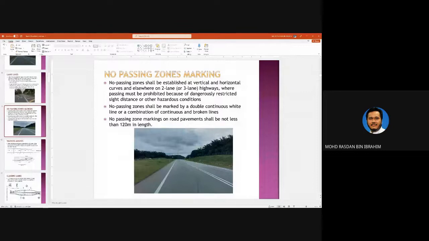No passing zones should not be less than 120 meters. So the minimum length of a no passing zone is 120 meters. If it is shorter, then people will lose respect for it, considering the speed of the highway. They will think that they can just quickly overtake and then get back into the lane after the no passing zone has ended.